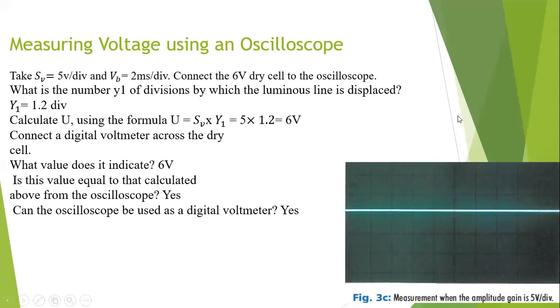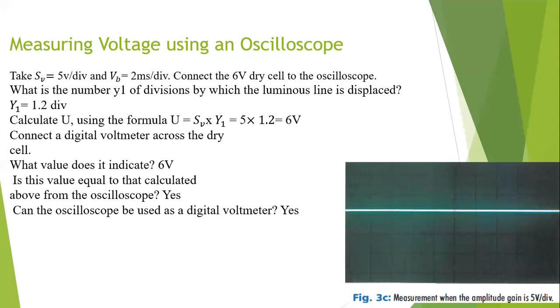The question is how to calculate the voltage U. So we use the formula U equals SV times Y1 equals 5 times 1.2, it gives 6 volt. Connect a digital voltmeter across the dry cell now. What value does it indicate?